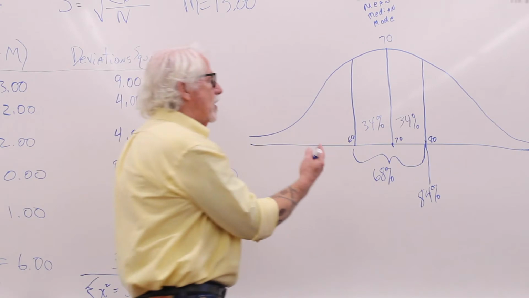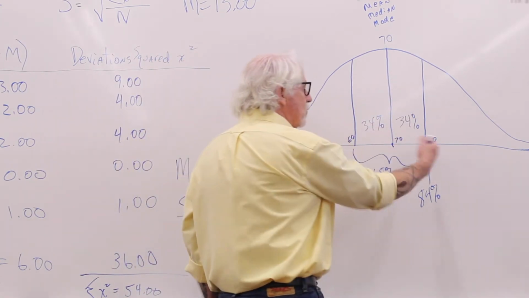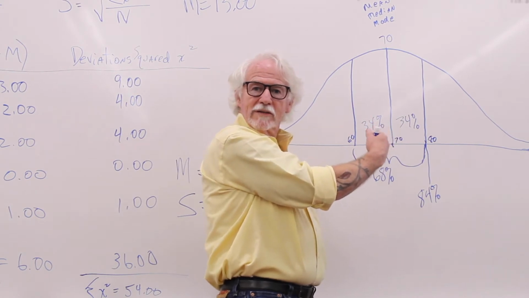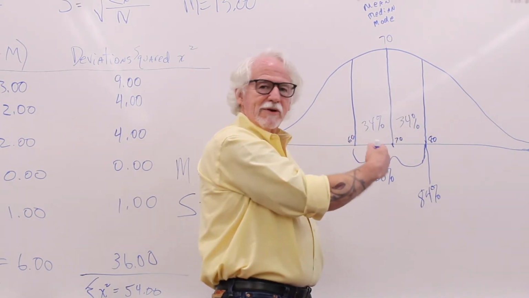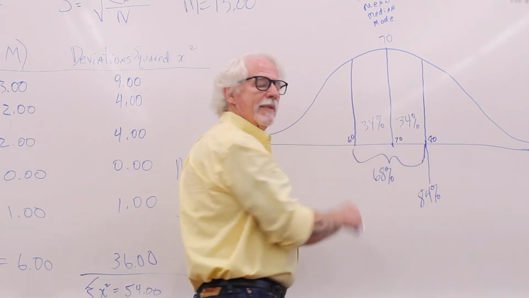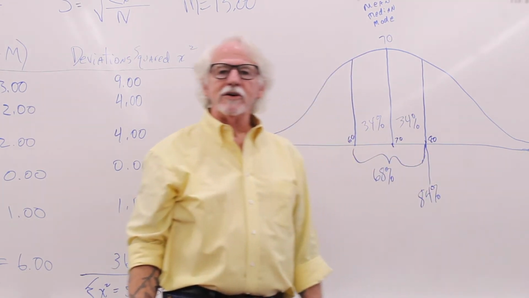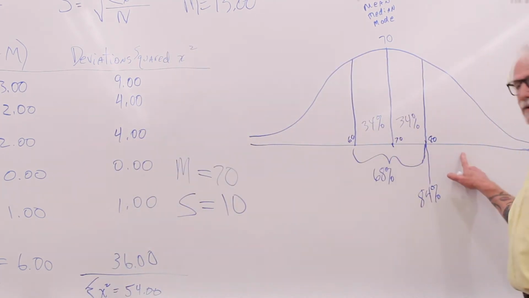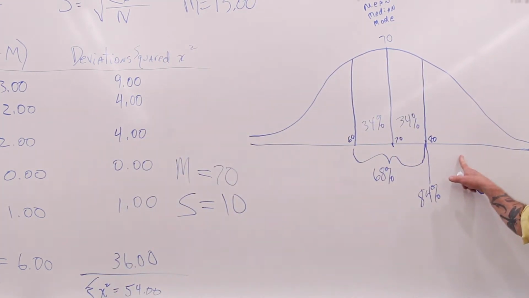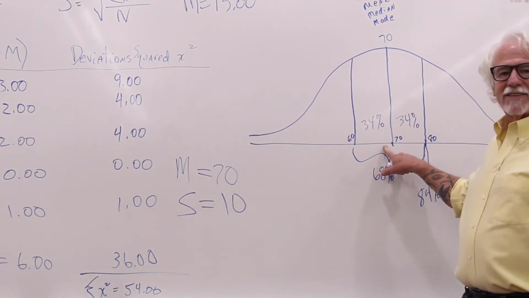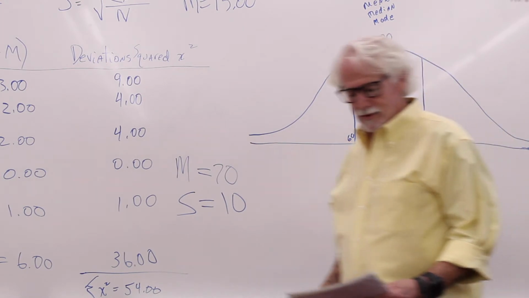No matter what your score is, these are nice round numbers, of course, but whatever the score ended up being, you would be able to figure out where you are along this line. And that means where you are according to the mean. Most of us want to be above average. Most of us want to be on this side.